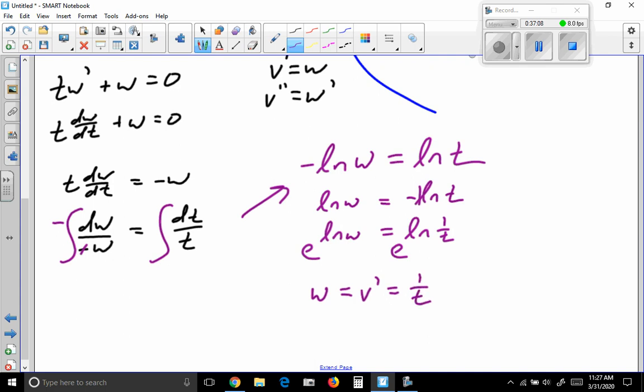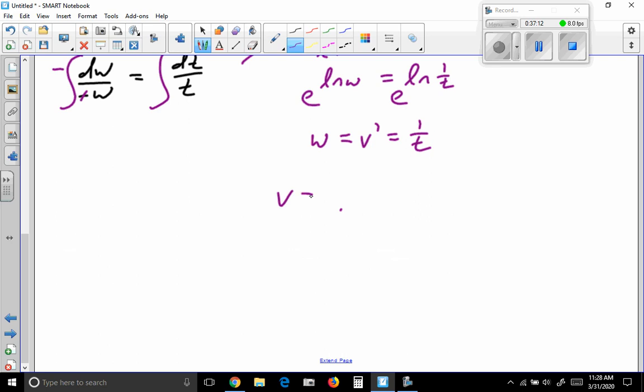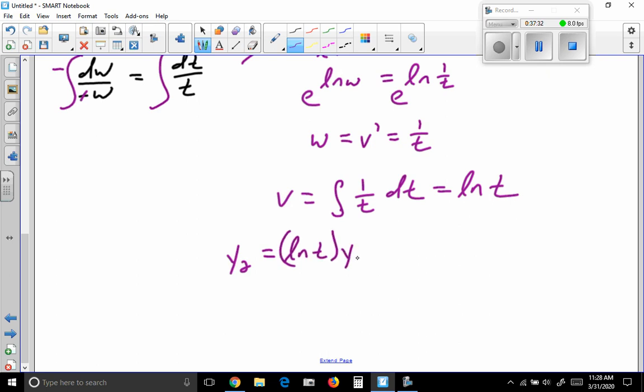So then if we want to get v, it is the integral of 1 over t dt, which we integrate to get natural log of t. So our second solution, remember, is v times y1, so natural log of t times y1, which was t. So y2 is t times natural log of t.